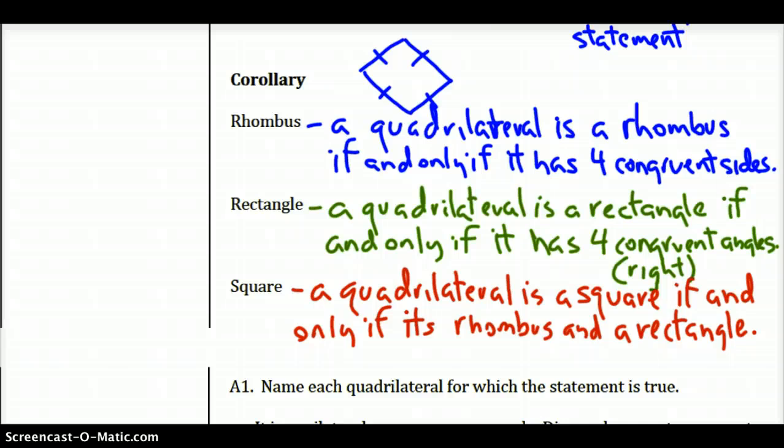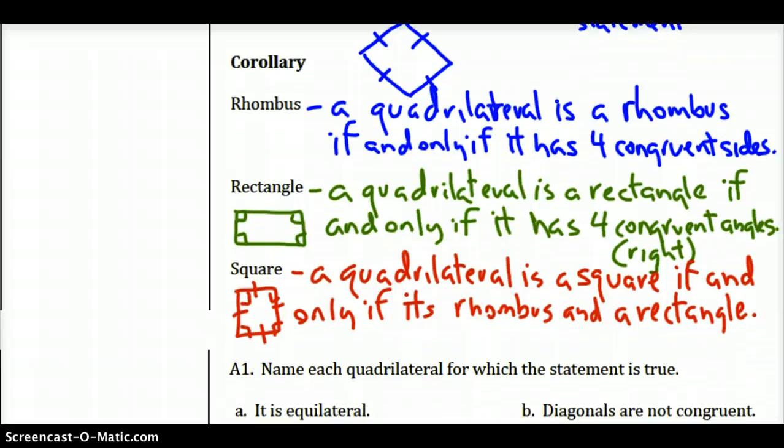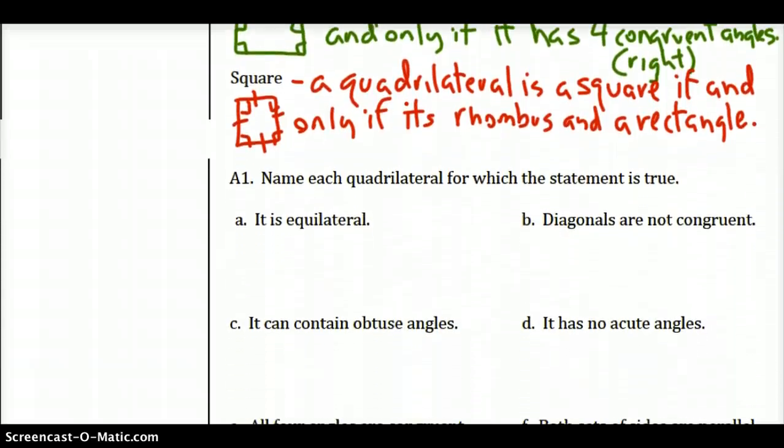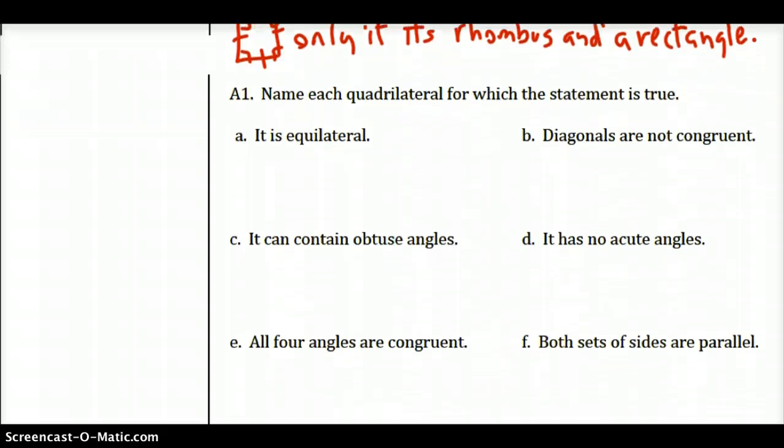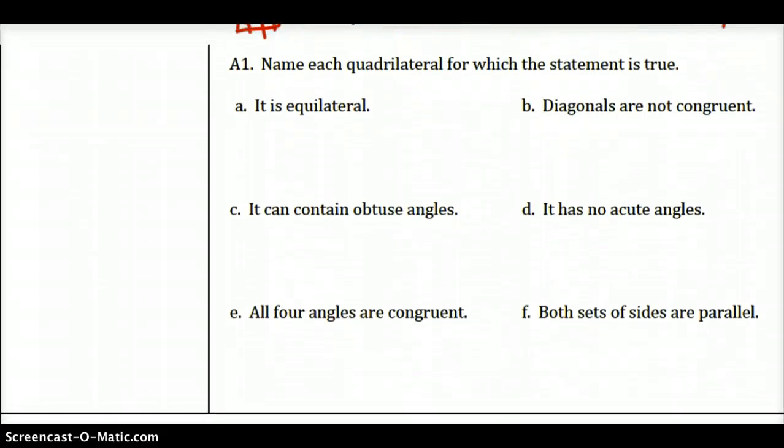So a square has the rhombus parts and it's got the four right angle parts. A rectangle has congruent angles or four right angles. Sometimes squares are referred to by geometry people as rhombtangles or rectibuses.